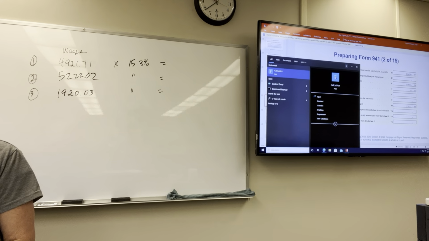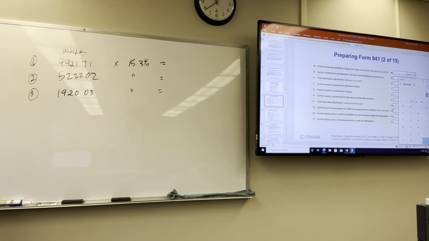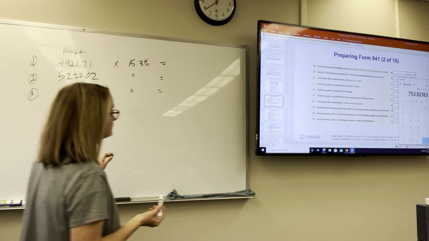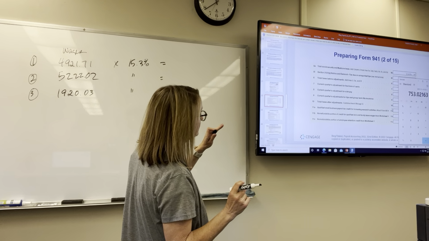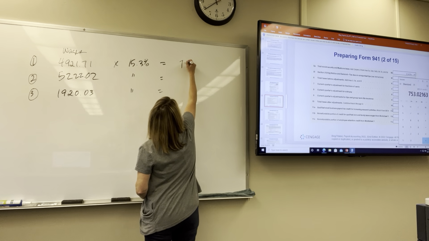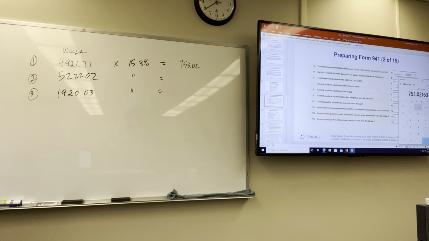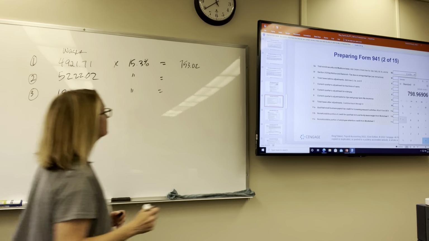4,921.71 times 0.153. So total Social Security and Medicare taxes, both the employer and the employee portion, is $753.02. And 5,222.02 times 0.153 is 798.97.